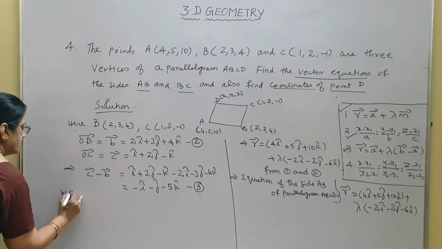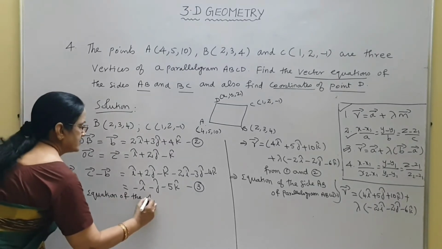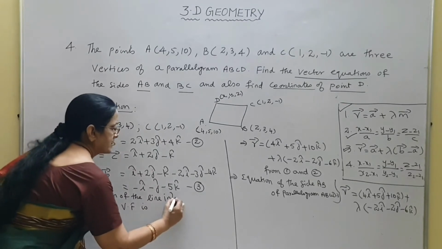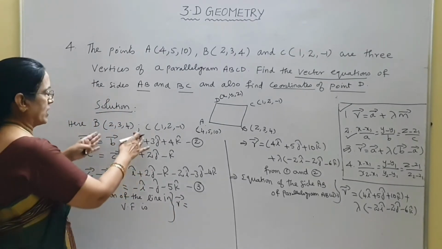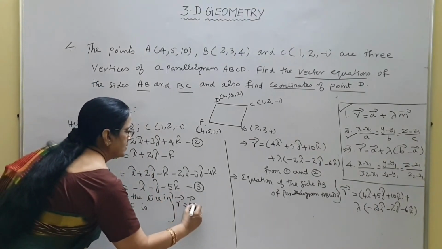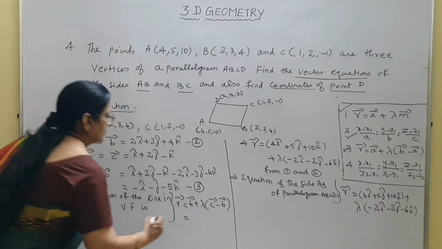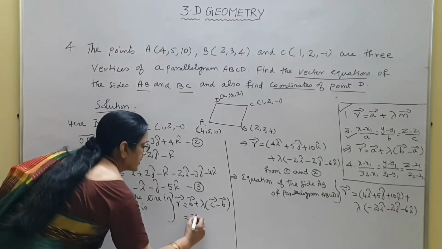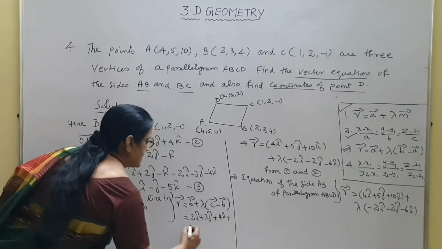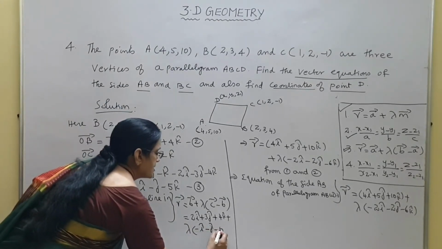So we know that the equation of the line in vector form is r vector is equal to, let me make the notation as per what you have taken for this particular division, vector b plus lambda times (c vector minus b vector), which is nothing but, what is b vector? 2i cap plus 3j cap plus 4k cap plus lambda times c vector minus b vector, which is minus i cap minus j cap minus 5k cap.